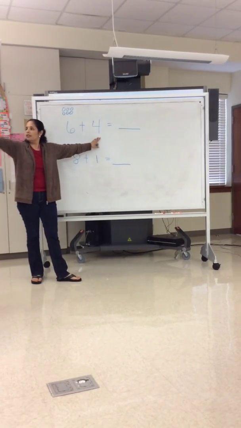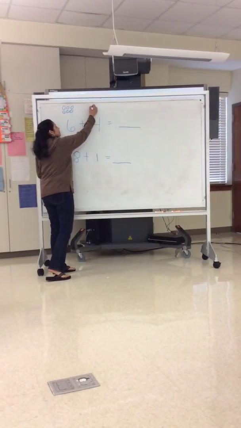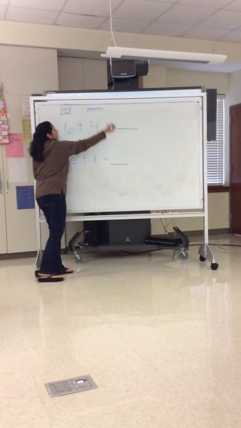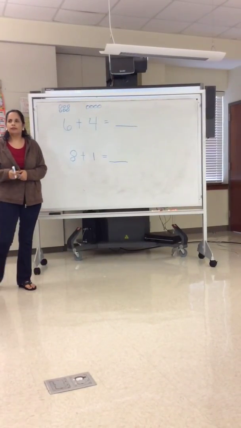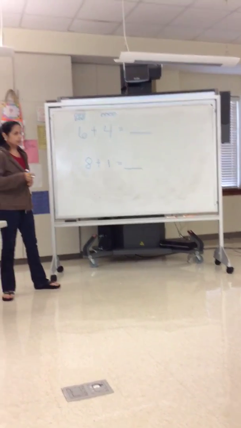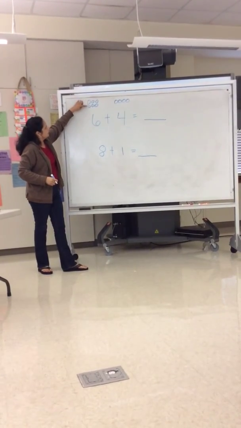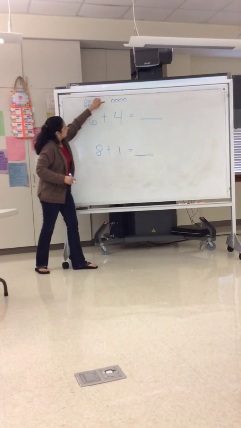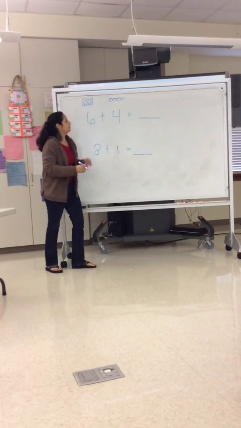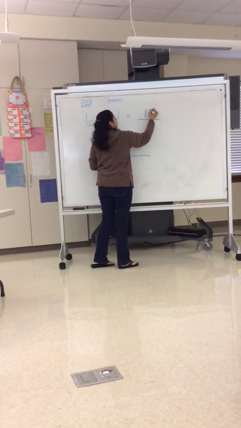Raise your hand. 4. Okay. What was the next step we did? Count them all together. That's right. So let's do that real quick. Ready? 1, 2, 3, 4, 5, 6, 7, 8, 9, 10. Good job. 10.